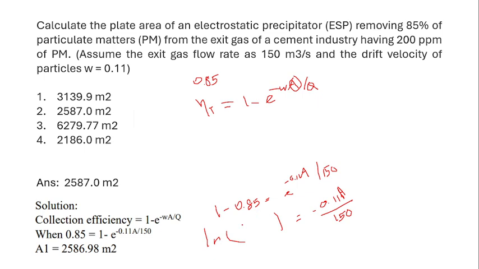The value of ln 0.15 will be negative, so the negative signs will cancel. We rearrange this and A will be calculated, which is nothing but the plate area of the electrostatic precipitator. So the answer is 2587.